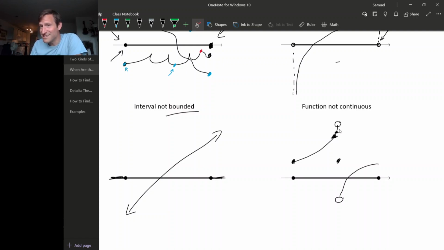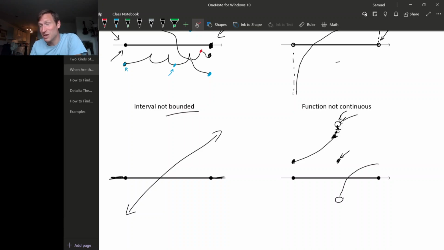But this isn't the highest either. You can get a little higher there, and a little higher, and a little higher. Because this open circle is missing from the graph, it's possible to get closer and closer to it, but we can never land on that spot because the function doesn't have this point on the graph. The function jumps down to this point. So this doesn't have an absolute maximum.